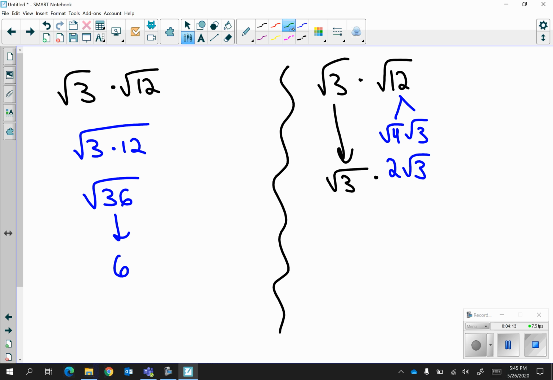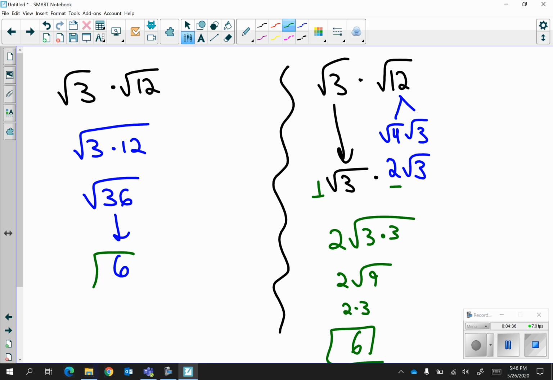That turns into multiplying the coefficients first, and your coefficients are 1 and 2. So you get 2 radical 3 times 3, which is 2 radical 9. And then we know that the square root of 9 is 3. So you end up with 6. Clearly, this way is much more complicated than the first way. However, you can choose to do these however you wish.